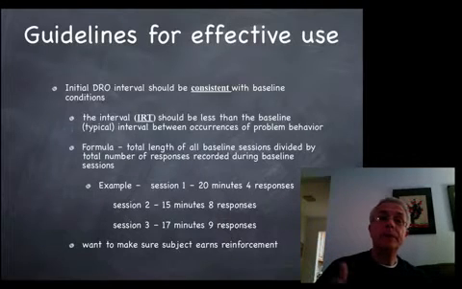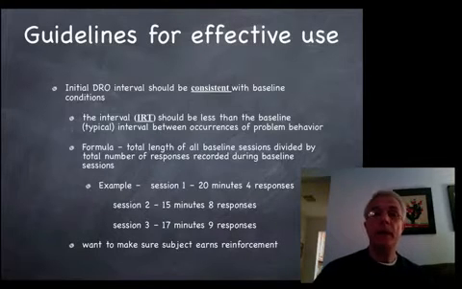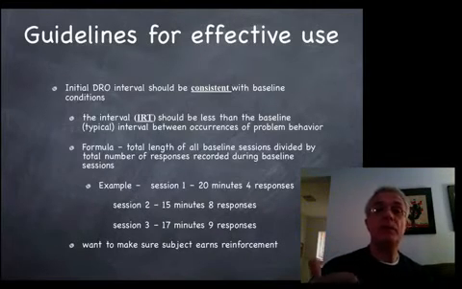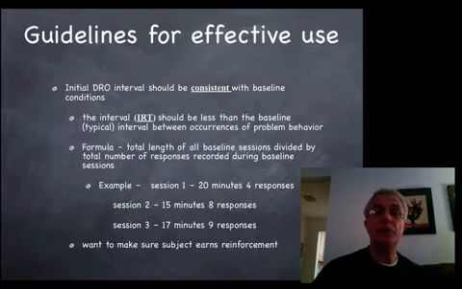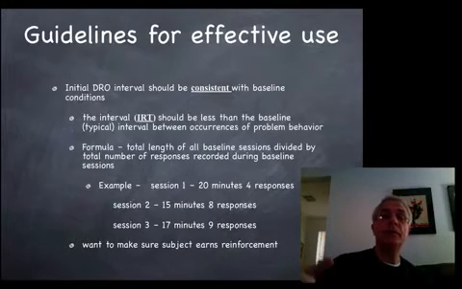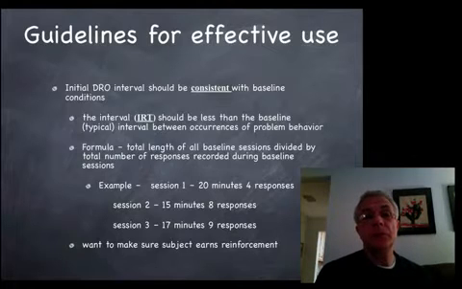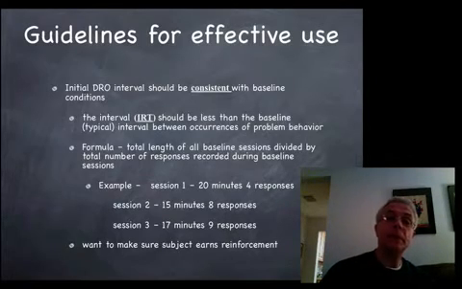So if a problem behavior is occurring on the average of every 2 minutes, but yet you set your DRO for every 4 minutes, then you're stacking the deck against the student ever earning the reinforcer. That is, if the interval between problem behaviors is shorter than the interval of the DRO, it's likely that the student is going to engage in the problem behavior prior to the elapsed interval of the DRO.